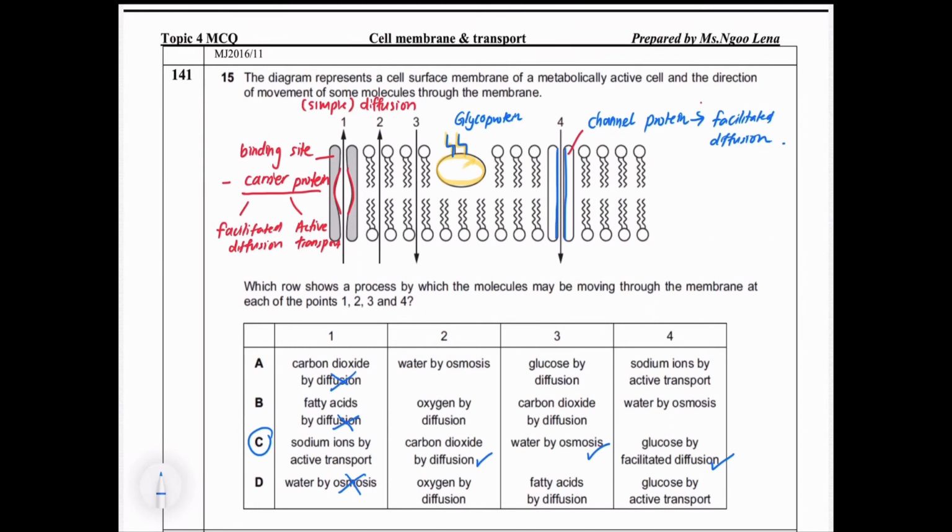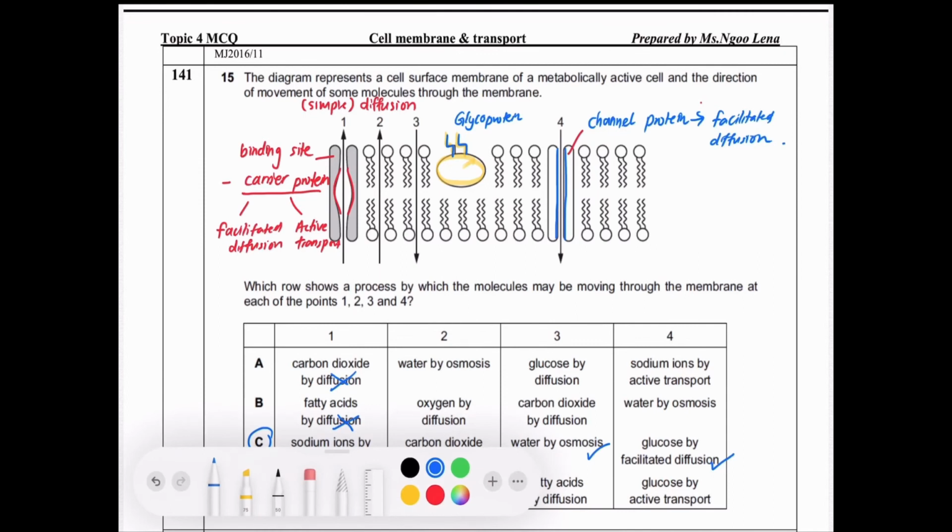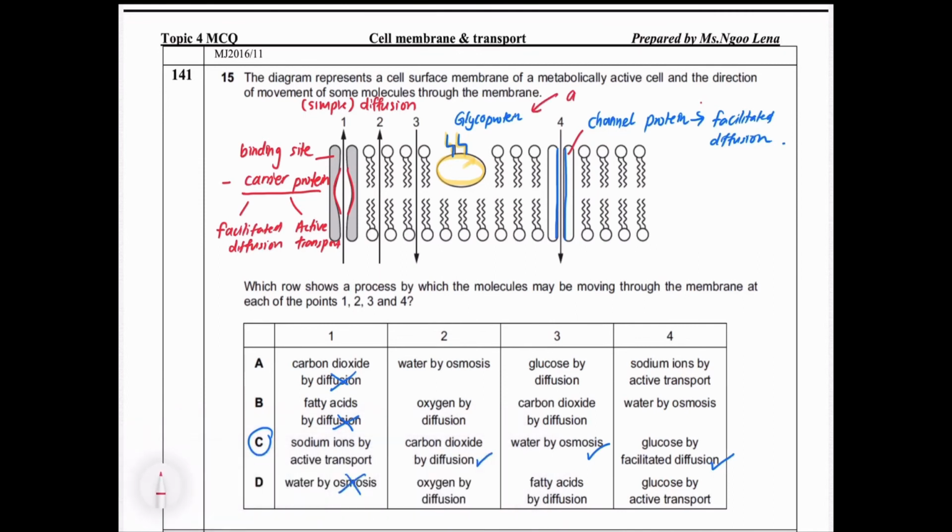Another clue to note in this question is, whenever you see this glycoprotein, which most likely acts as an antigen or receptor, this most likely represents the outside layer of the cell. So this part of the membrane is facing outside.